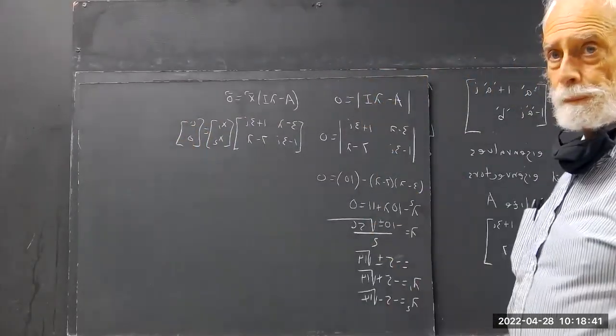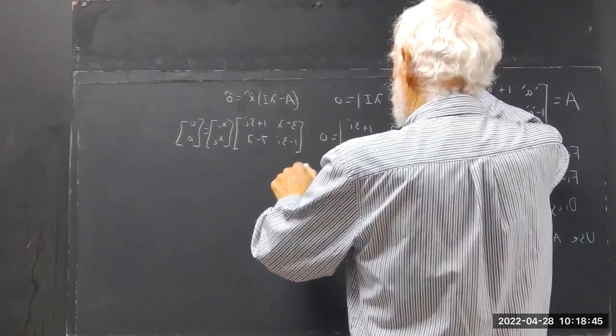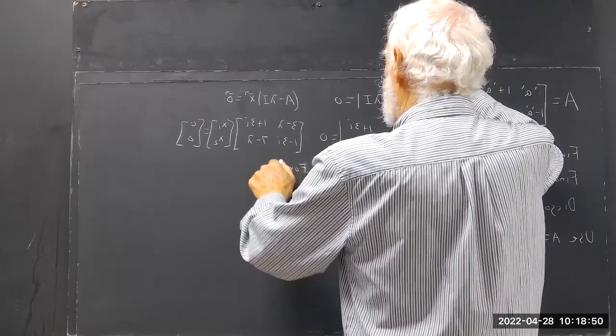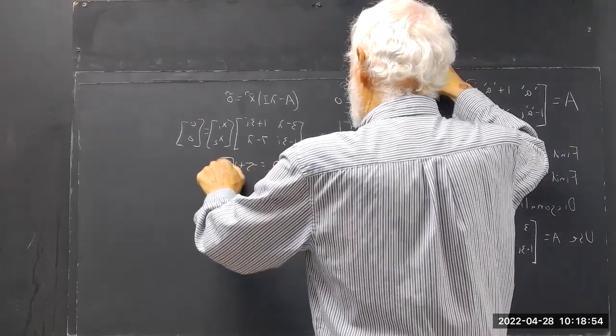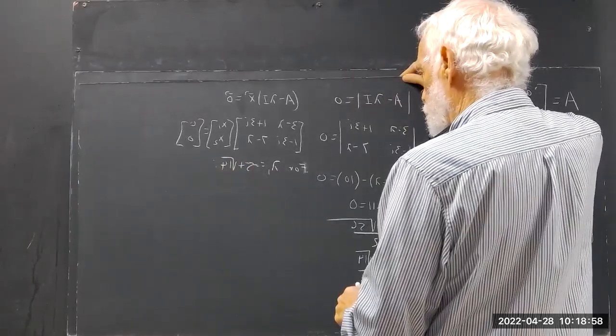There it is. Now we use lambda 1 equals negative 5 plus the square root of 14.